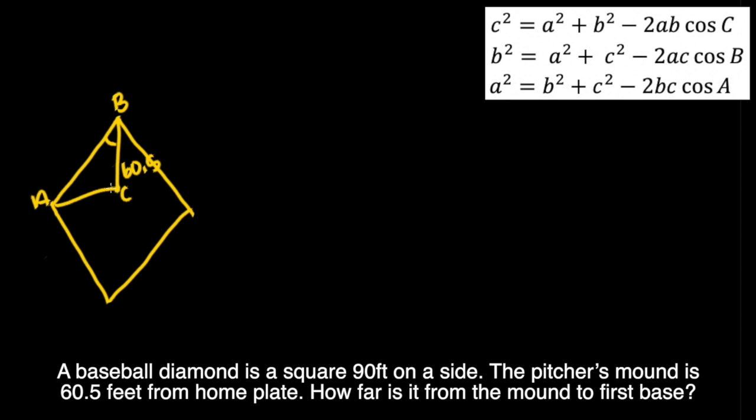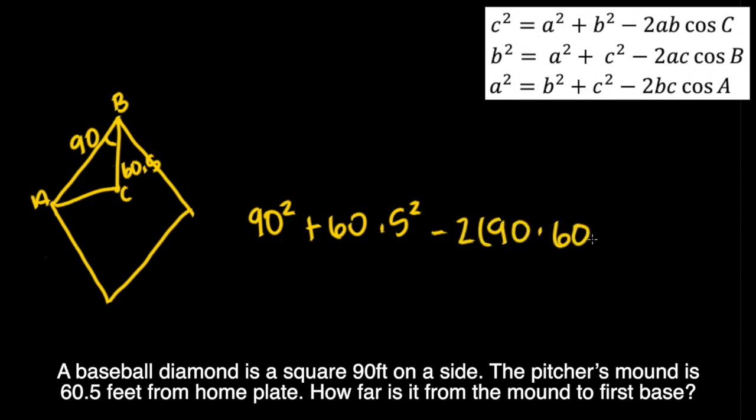We now have all the information that we need to solve this problem. Just as a reminder, each side of the baseball diamond is 90 feet long. Putting the info into the equation: 90 squared plus 60.5 squared minus 2 times 90 times 60.5 multiplied by the cosine of 45 equals 4,059.9.